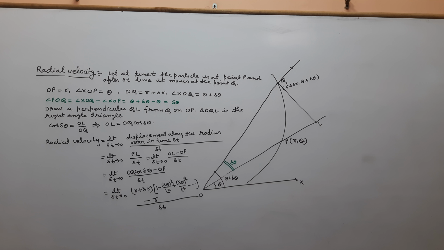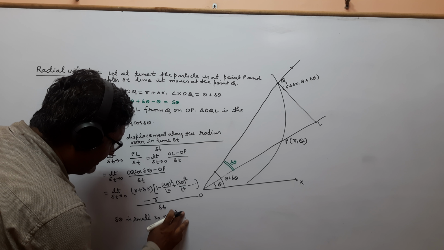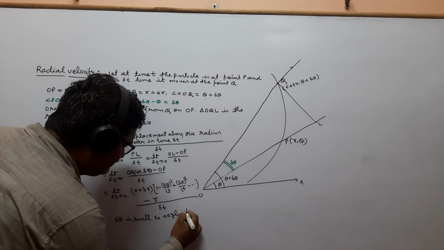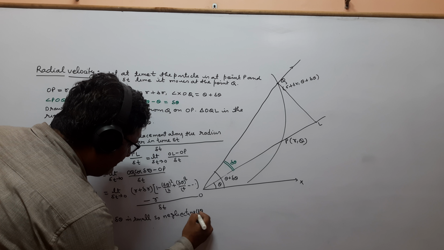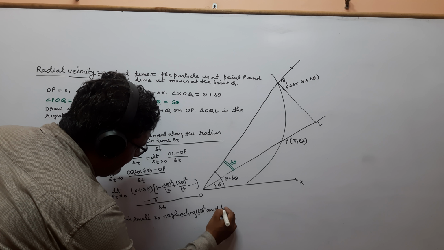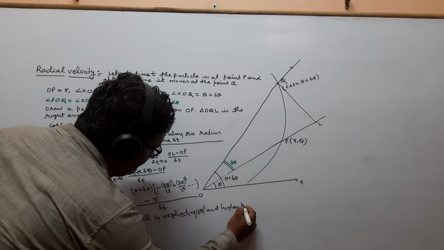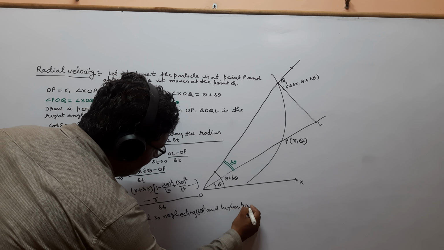Now del theta is a very small quantity, so neglecting del theta square and higher power.